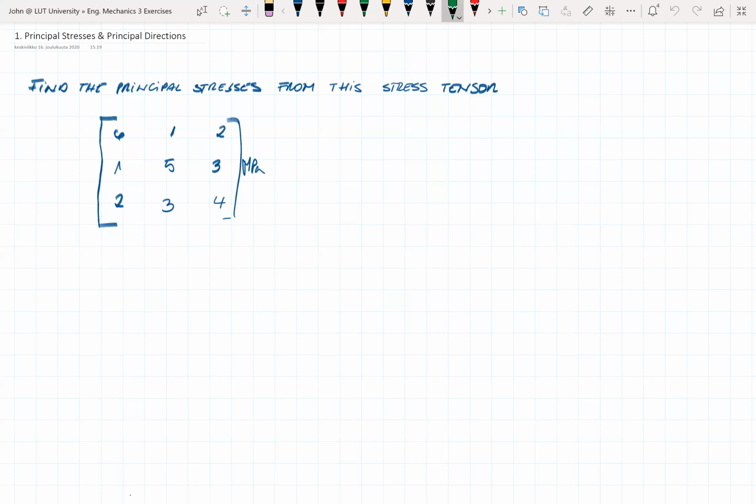If we want to find these principal stresses, the first thing we have to do is apply the third-degree polynomial that we found for principal stresses. Let's remember that equation, I'm going to write it in green.